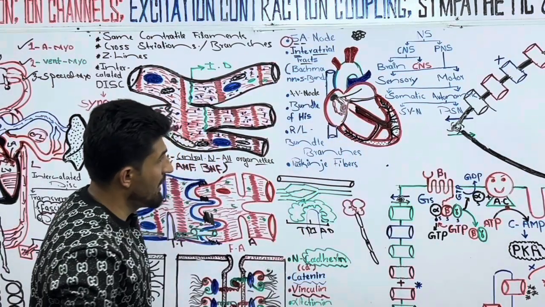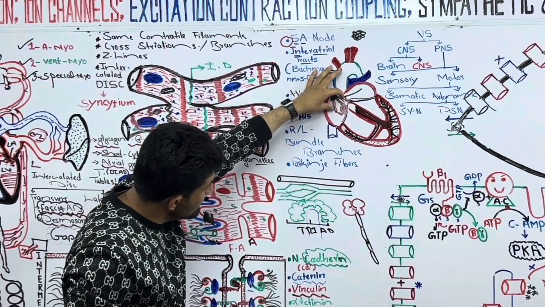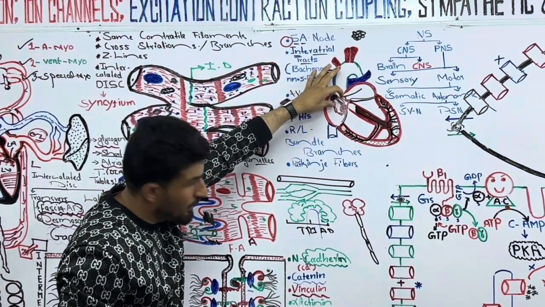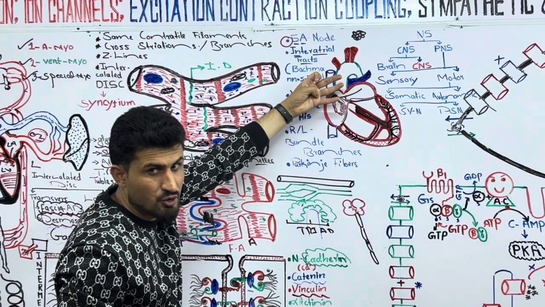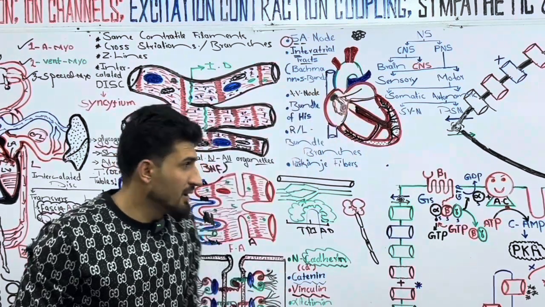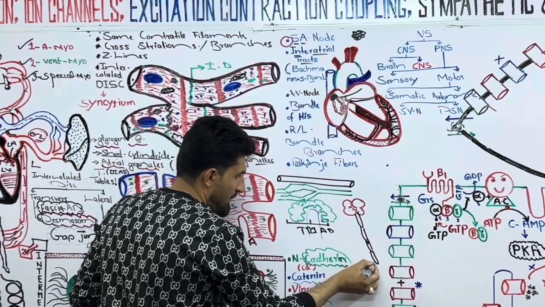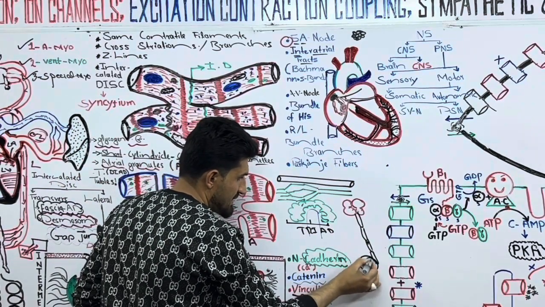I'll talk about each of them one by one, don't worry. The internodal pathway is made of three tracts: anterior, middle, and posterior. Then this is the AV node.